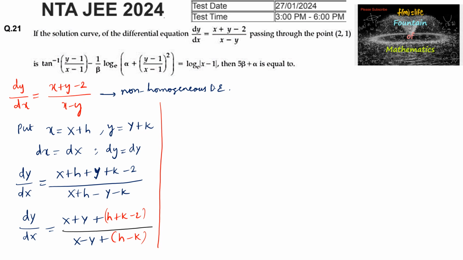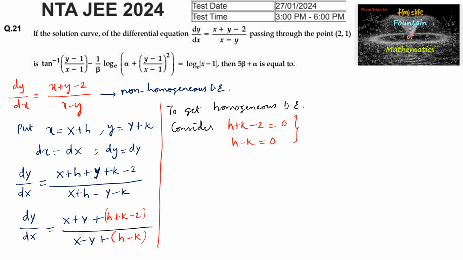And now to make this equation a homogeneous differential equation, consider h plus k minus 2 is equal to 0 and h minus k is equal to 0.